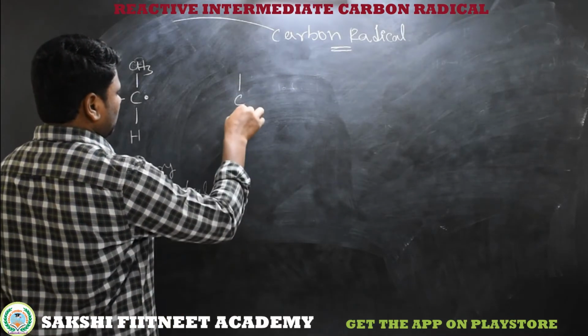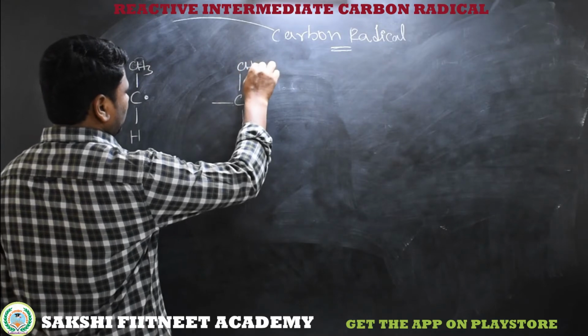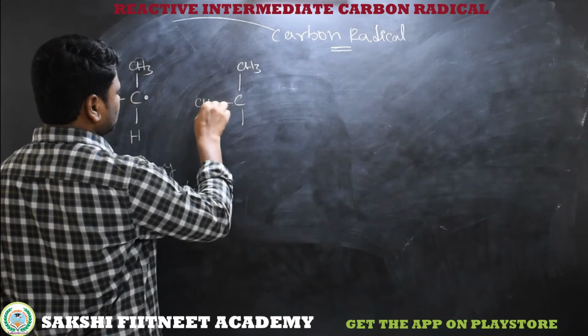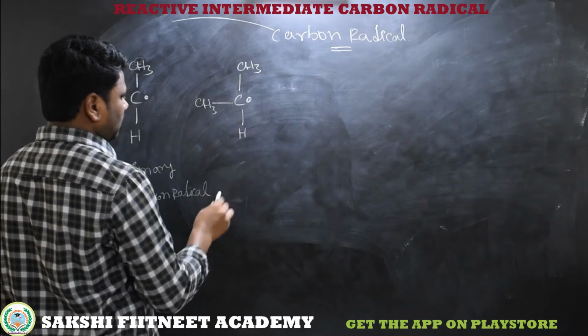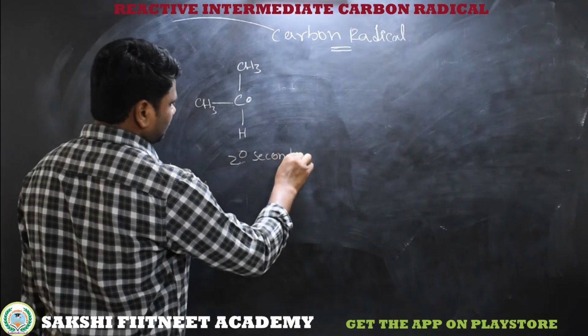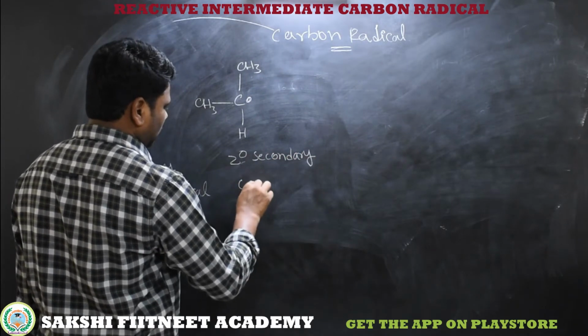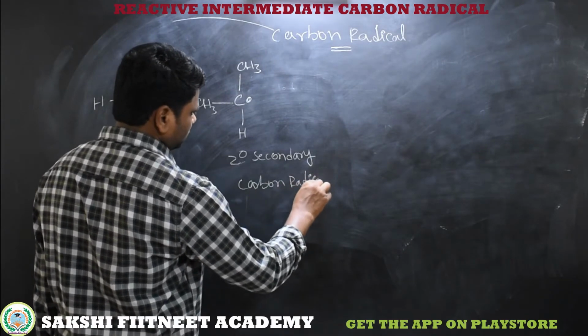Now coming to the secondary carbon radical. Here this carbon is bonded to 2 carbon groups, that is alkyl groups, and 1 hydrogen with a radical. This is called a 2 degree, meaning secondary carbon radical.